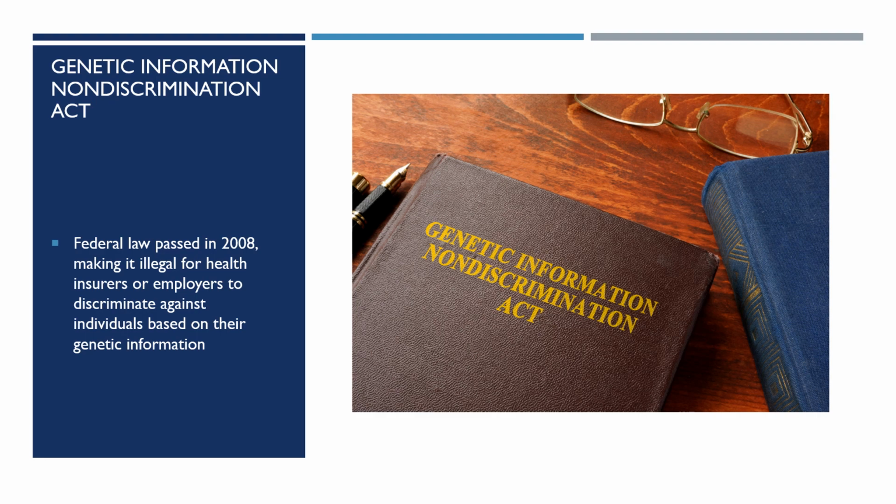So the Genetic Information Nondiscrimination Act is one of those binding legislations. The federal law passed in 2008, making it illegal for health insurers or employers to discriminate against individuals based on their genetic information. This law really has two parts. One part prohibits discrimination in health insurance, and the other prohibits genetic discrimination in the employment setting.